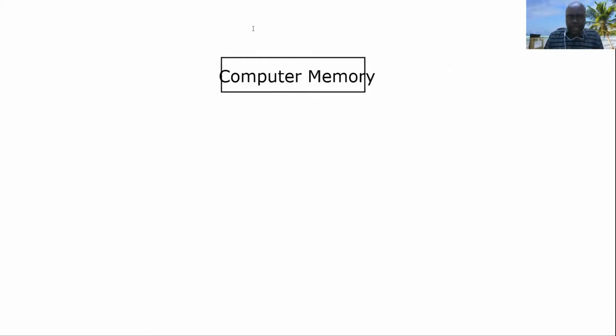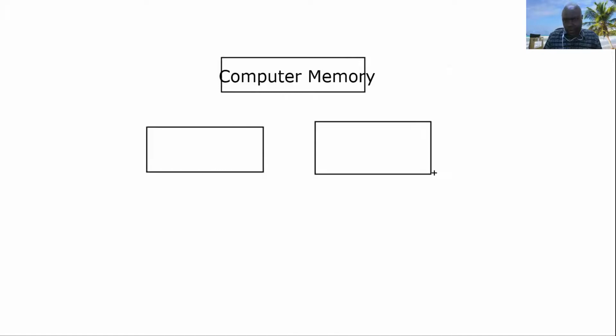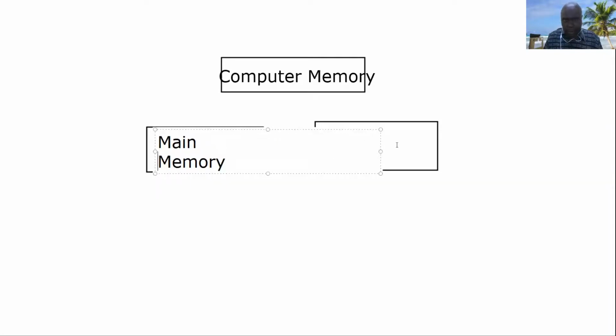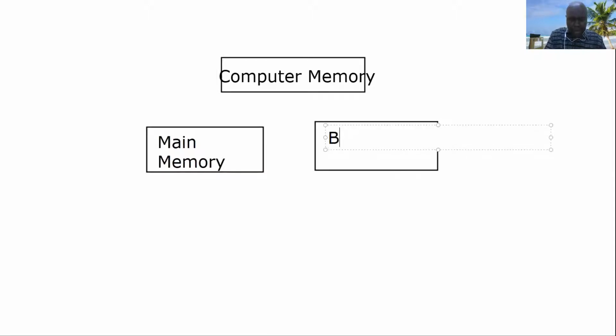Computer memory is divided into two types. First of all, there is the main memory, and the backing storage.